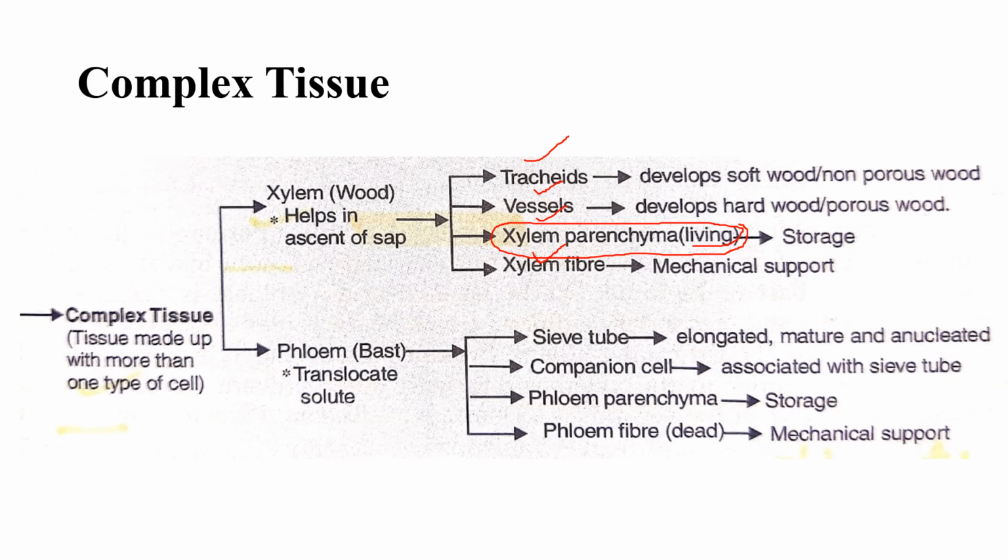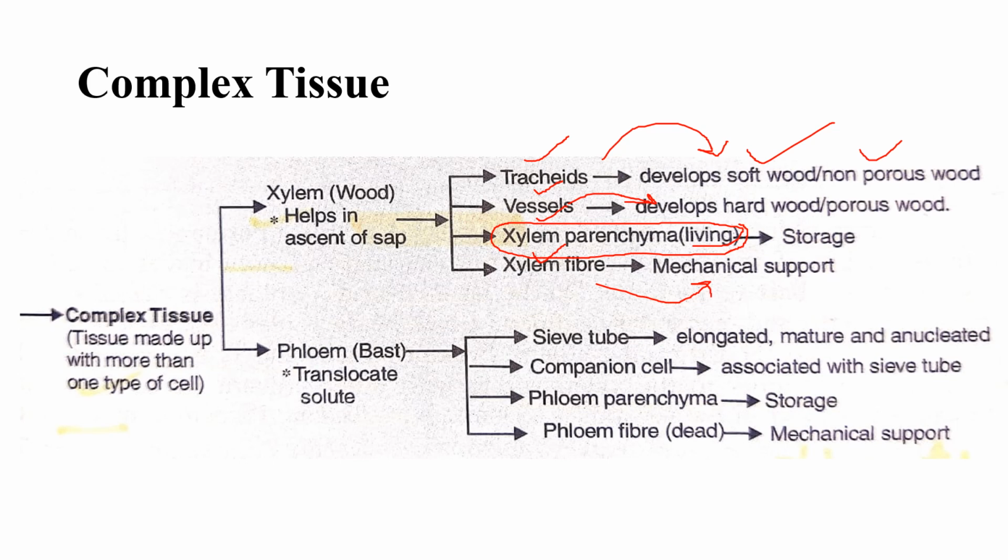All other components of xylem are dead. Tracheids develop into softwood or non-porous wood. Vessels form hardwood or porous wood. Xylem parenchyma is meant for storage, and xylem fiber provides mechanical support to the plant.